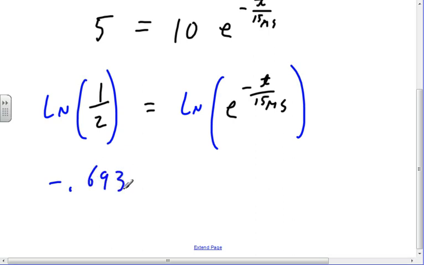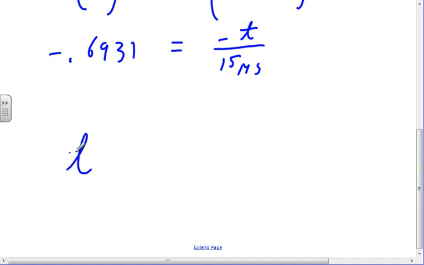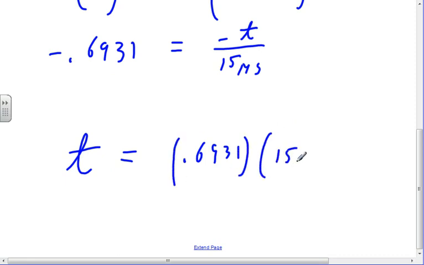Now I'm only going to carry 4 significant digits because my final answer is going to be in 3. Natural log of e raised to something is the something, minus t divided by 15 microseconds. Okay, so t is equal to 0.6931 times 15 microseconds. Okay, so we can ignore all the units. Our answer is going to be in microseconds, and we're going to want 3 significant digits. times 15.